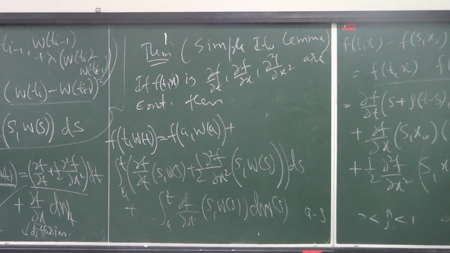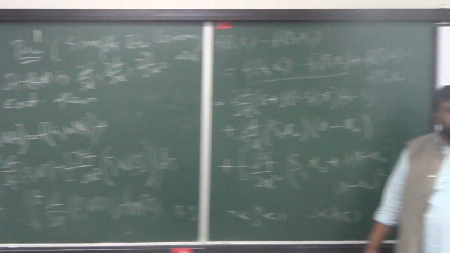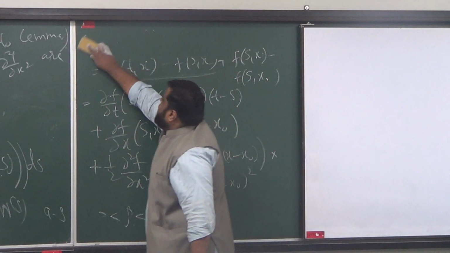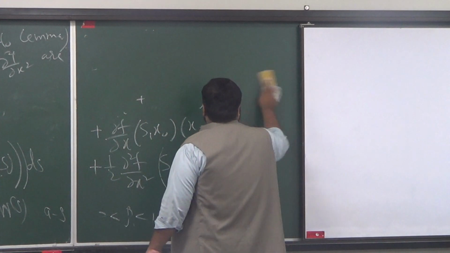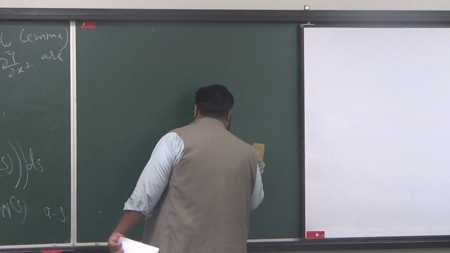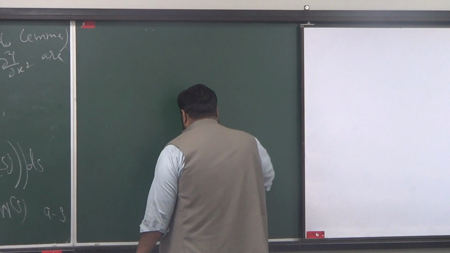Yes. Sir, is it necessary that the quantity f depends on w of t, and that it depends separately on t could be needed for some other dynamics? Think about it that you have this kind of a function which doesn't depend explicitly on time.